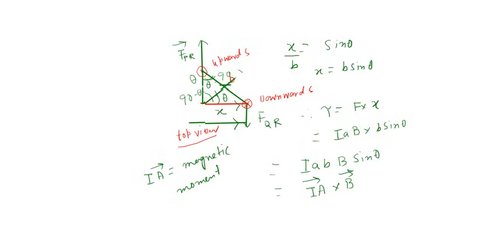So if we draw a diagram representing the top view of the loop, we will see FPR acting like this, FQS like this. This is b, the width of the loop, and the angle between the normal to the loop and the magnetic field is theta.